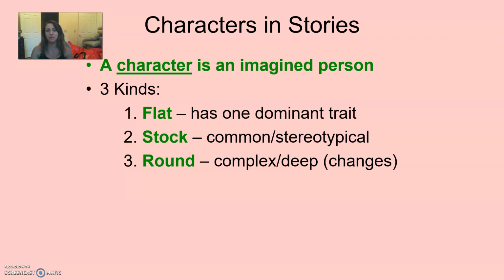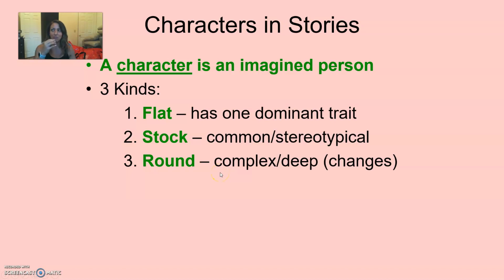Then we might also have, I don't know, what's another stock character? There you go. I just thought of it. The hacker, the nerdy hacker. And it's typically some skinny kid that wears glasses and can hack into any computer base. That's just something I'm thinking of. And then we have the round character.